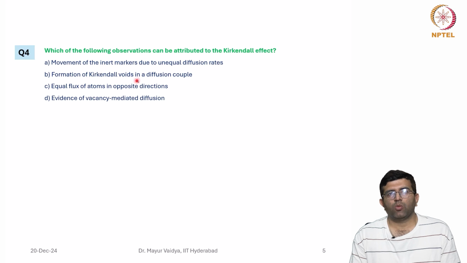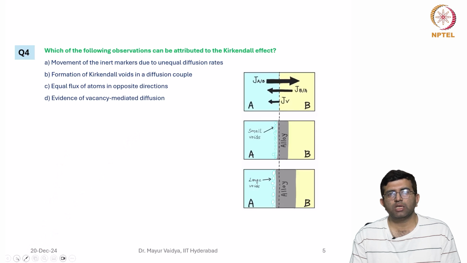Formation of Kirkendall voids in a diffusion couple, this is also correct. We have seen that voids form because of the effect of unequal diffusivities. Equal flux of atoms in opposite directions, as is indicated here, the flux is actually not equal.